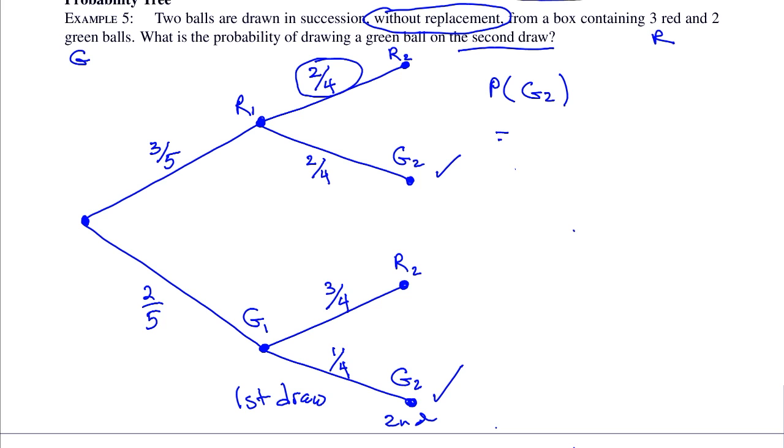Those 2 ways are to go through having a red ball on the first one and then a green ball on the second one, or a green ball on the first one and a green ball on the second one. So this is the probability of R1 intersect G2 plus the probability of G1 intersect G2. Those are the 2 ways to get to the green ball on the second draw.